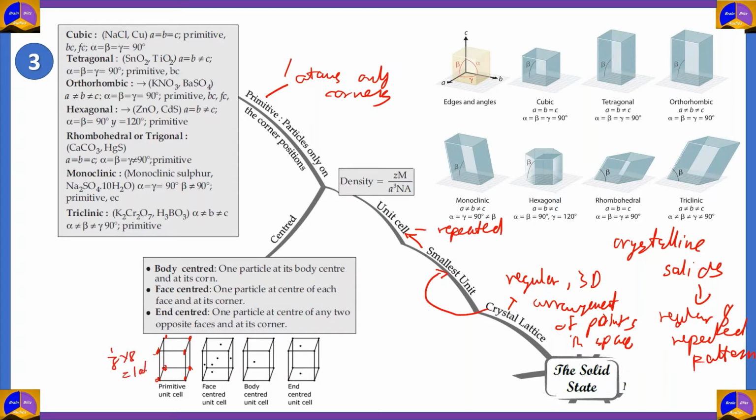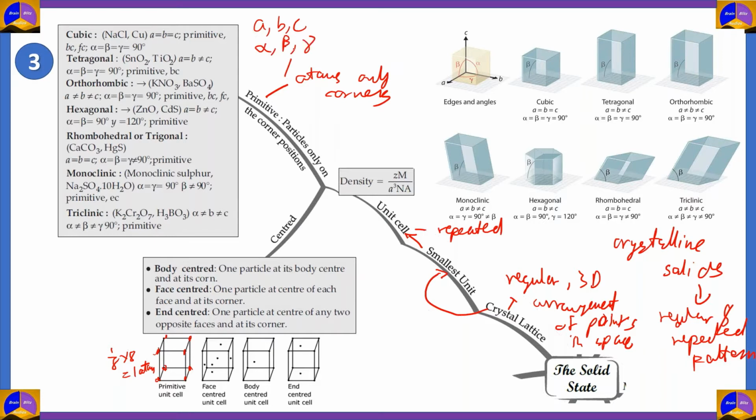So only one atom is totally present in a primitive unit cell. Now, these primitive unit cells can be divided into 7 types based on their axial length and their axial angles. Axial lengths are represented by a, b, c, and the angles are represented by alpha, beta, and gamma.